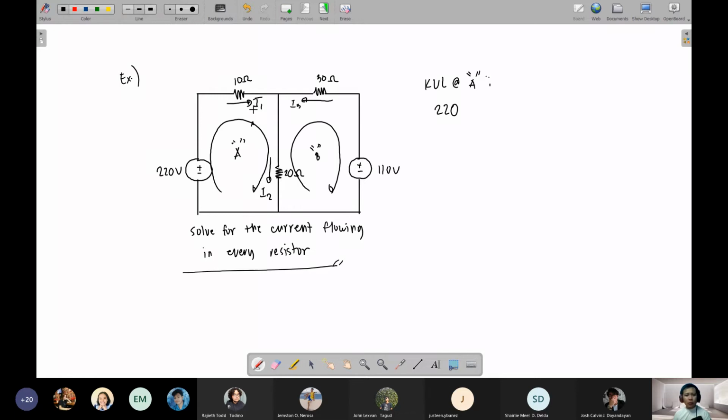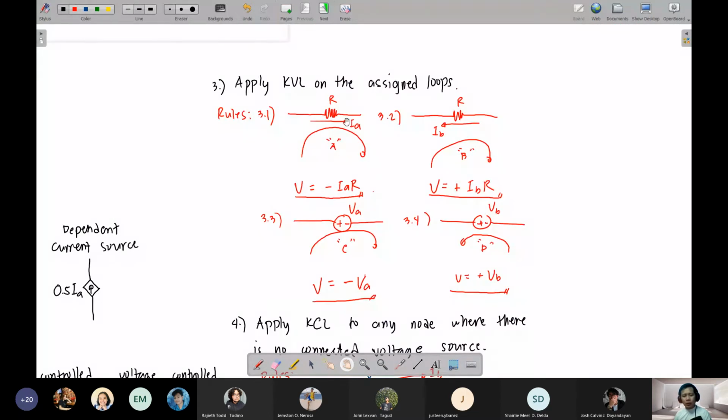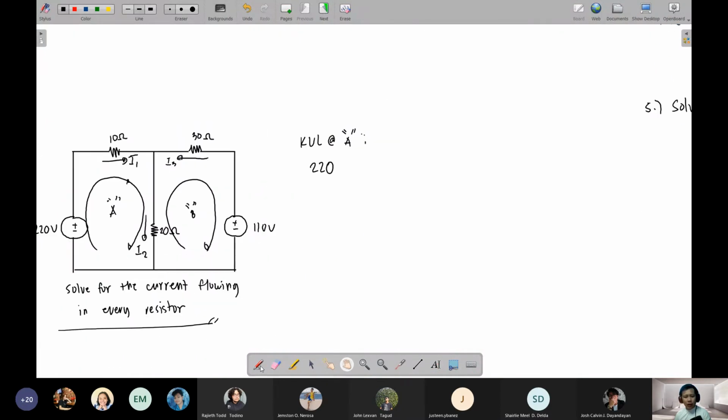But take note, I1 is also going to the right the moment loop A flows through the 10 ohm resistor. So as you can see here, loop A has the same direction as current I1. And based on the rules, if the loop and the current are the same in direction, the voltage would be negative. So for this one, you will have negative I1 times 10, or negative 10 I1. Okay? So I times R. We're now finished with the 10 ohm resistor.